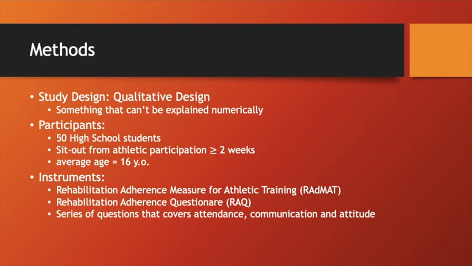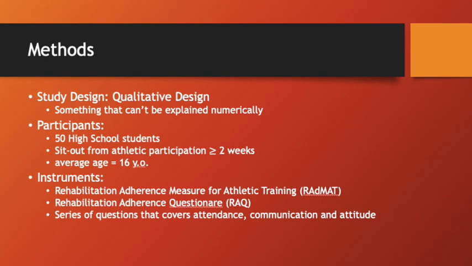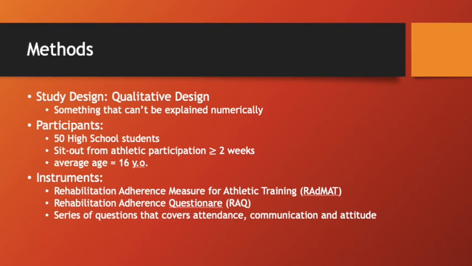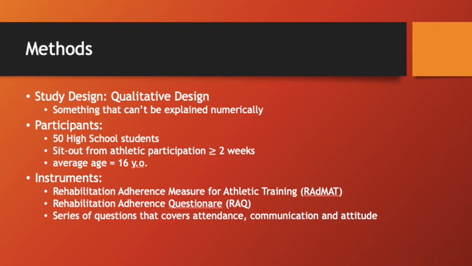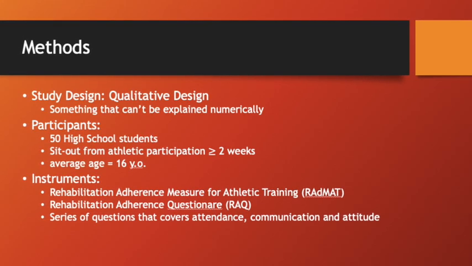For this research, we will include 50 student athletes who have sustained an injury that will require them to stop athletic participation for at least 2 weeks. Since we will be focusing on the high school athletic population, the mean age of these participants will be 16 years old.